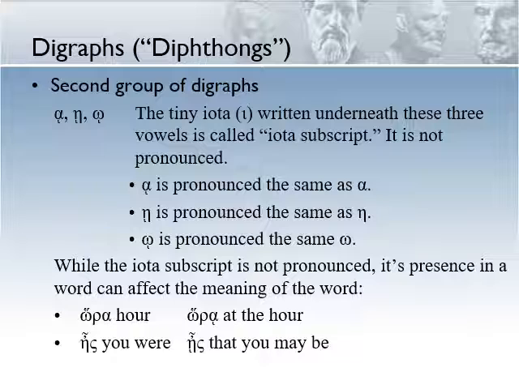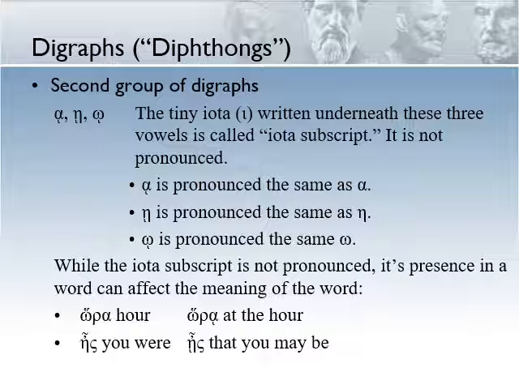Or if we take a look at this next example, eta sigma, with a smooth breathing and a circumflex accent. We'll talk about the accents in the next video. But these two letters pronounced together are is, and would be translated into English, you were.